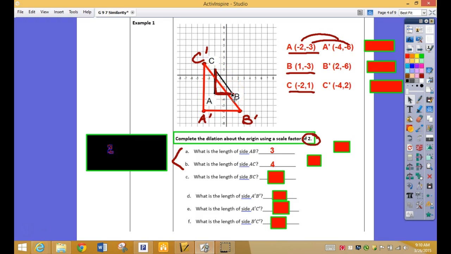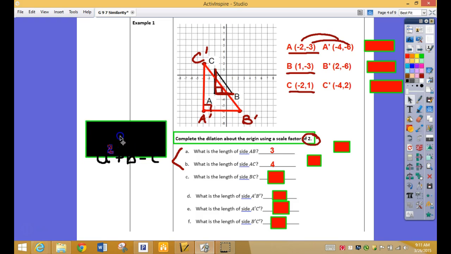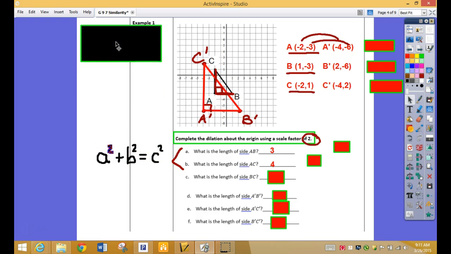No. Who remembers what I can do if I have my A and my B in a right triangle? If I have two sides of a right triangle, how can I figure out the third side? We did this earlier in the year. What do we use? Pythagorean theorem. Oh, I didn't even prompt you on that. So proud. The Pythagorean theorem, and what is that? They're right there.